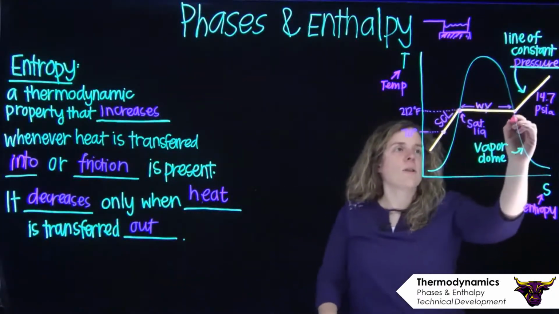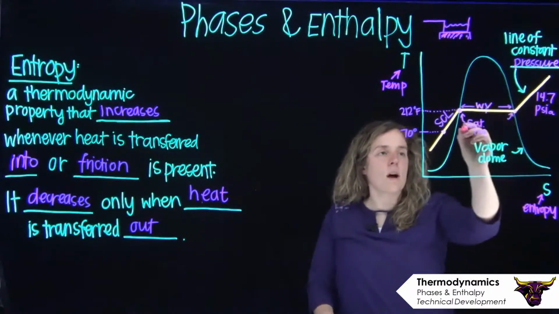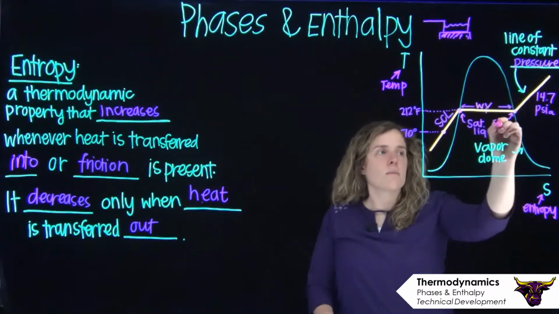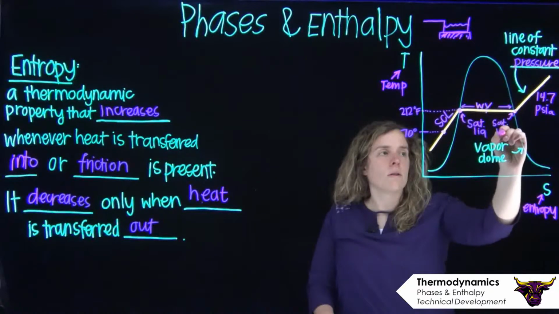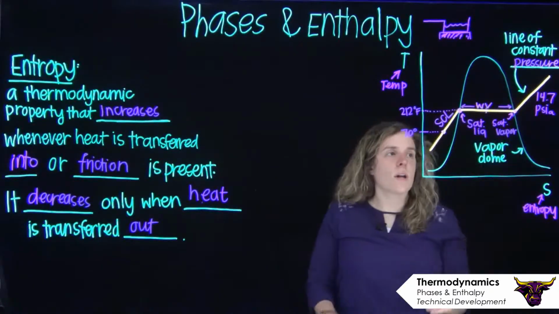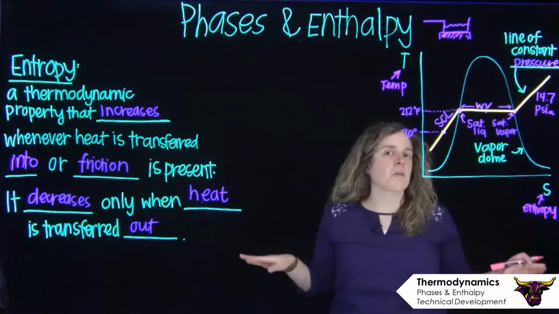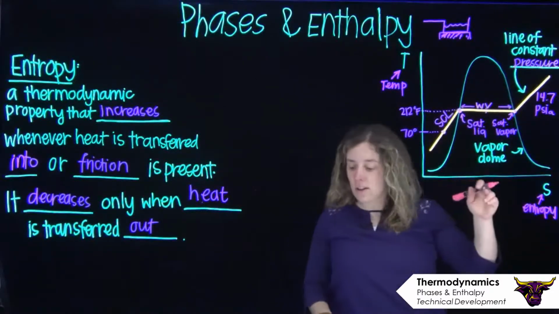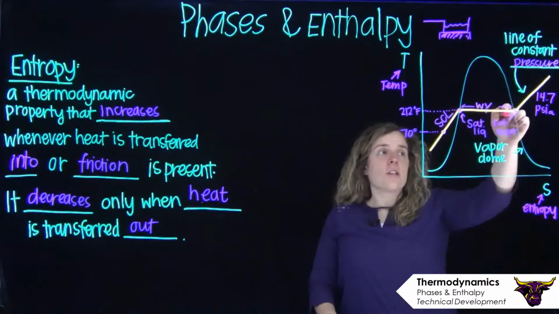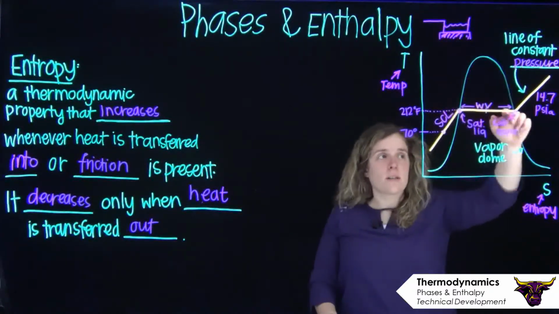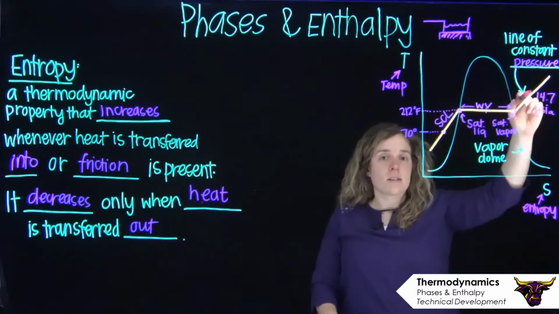Once we get to this point, this is now just the opposite of saturated liquid. It's going to be a saturated vapor. This is when 100% of our liquid has turned to vapor. After this point, the energy that we are putting into the system can now cause the temperature to rise.